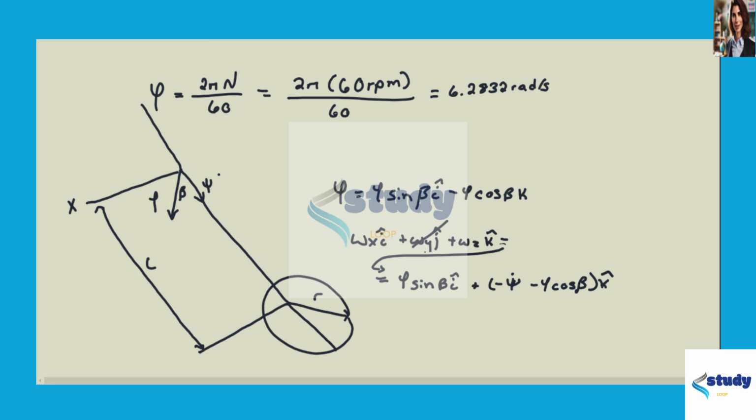Okay, so now I'm going to express the angular momentum of the sphere, which is going to be HA equals Ix wx i hat plus Iy wy j hat plus Iz wz k hat, okay?